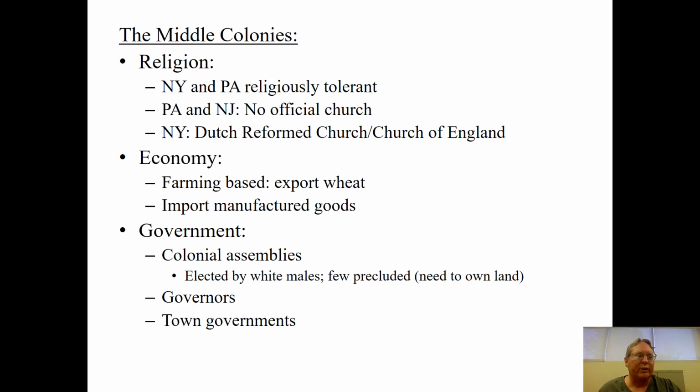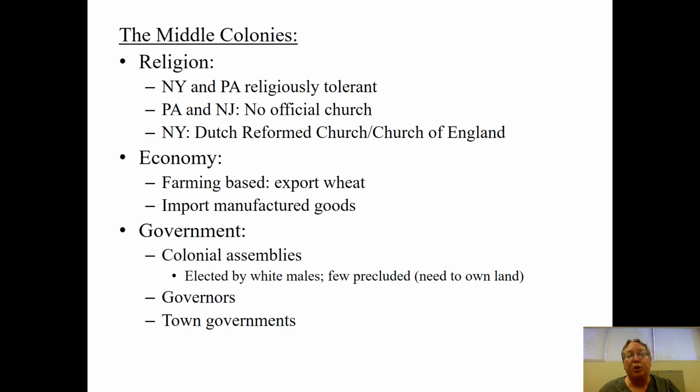New York, which is the renamed Dutch colony of New Netherlands, officially has the Dutch Reformed Church, which is the Dutch Protestant church, as a state church, one you pay taxes to support. But when the English take over, they say, okay, there's the Dutch Reformed Church as an official church, but so is the Church of England. The official Protestant Church of England is also an official church. You have to pay taxes to one or the other.